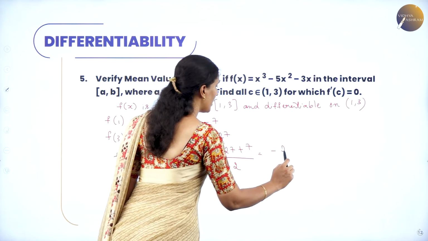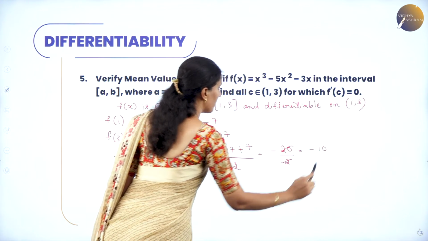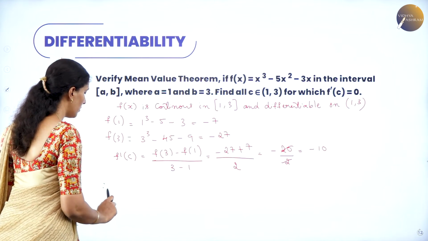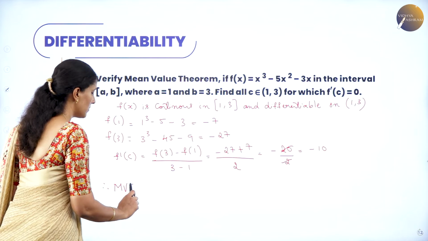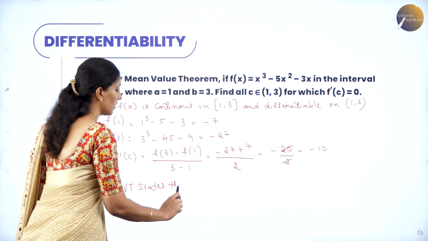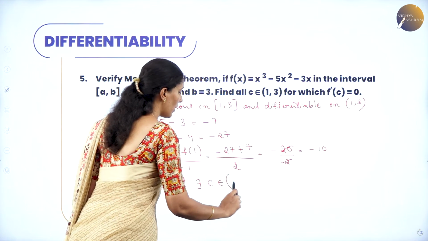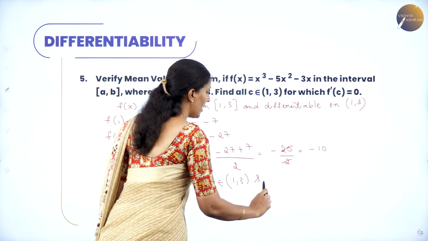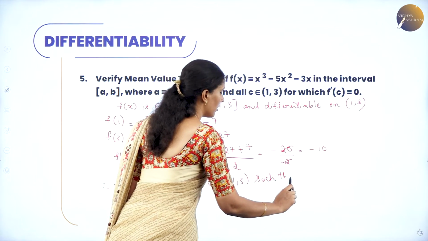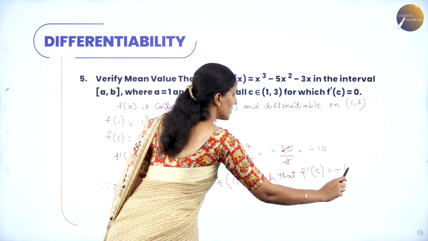So here it is minus 20 divided by 2, which becomes minus 10. So now therefore, mean value theorem states that there exists a point C which belongs to the interval 1, 3 such that f dash of C is equal to minus 10.